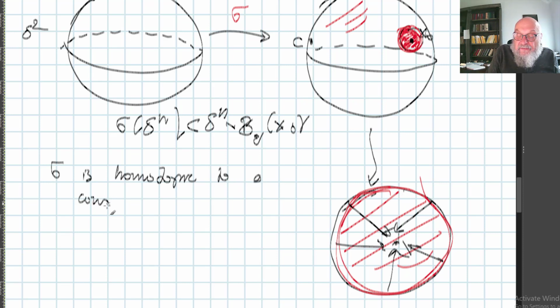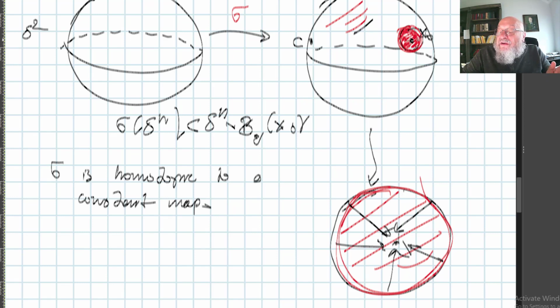So one more time, you cut it off, your image is outside of this red ball here, and you shrink everything to one point, deform it to one point. So this will give you the homotopy of sigma to a constant map.